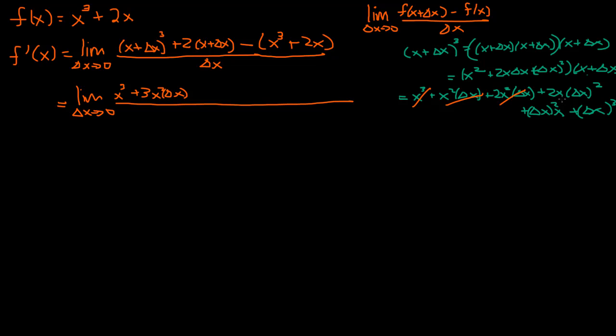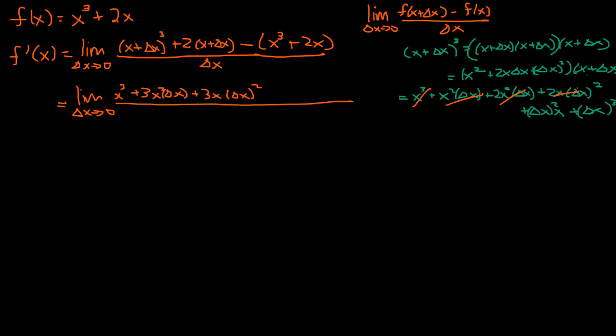Then I have 2x delta x squared, and then I have delta x squared times x, so plus 3x delta x squared.